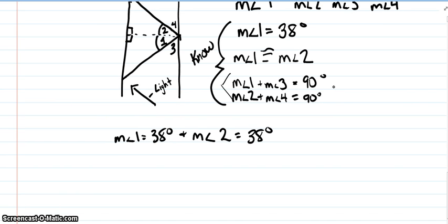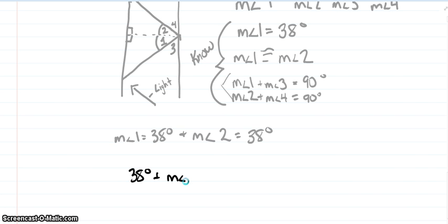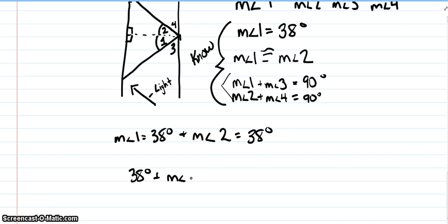So let's look at the first one. 38 degrees, which was the measure of angle 1, plus the measure of angle 3 is going to be equal to 90, because 1 and 3 are complements. So we'll subtract 38 from both sides. And we're going to get the measure of angle 3 is going to equal 52. Yep, 52 degrees.